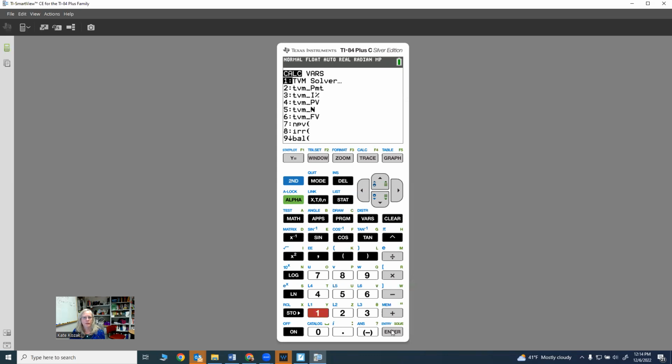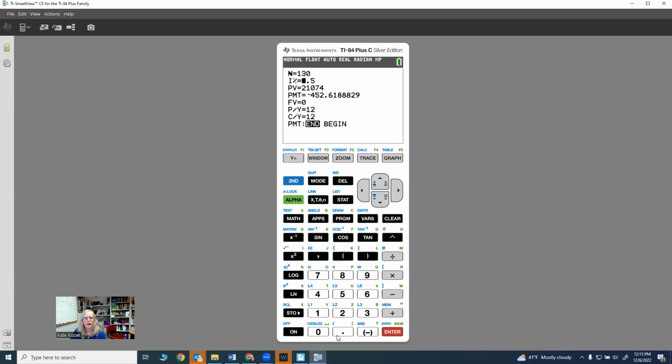And it's TVM solver, time, value, money. And again, I need to put in my N, which is how many, and I've already figured that out, but the calculator is kind of nice because you can actually type in we have 30 divided by 12 times 52 weeks. So that'd be that number there.